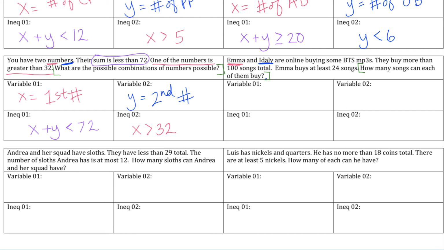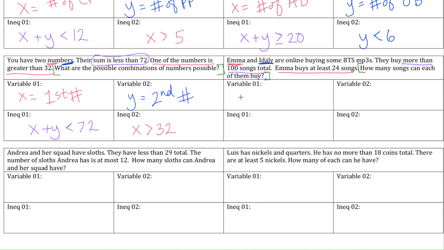They buy more than 100 total. And Emma buys at least 24 songs.